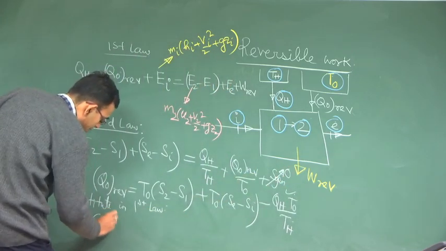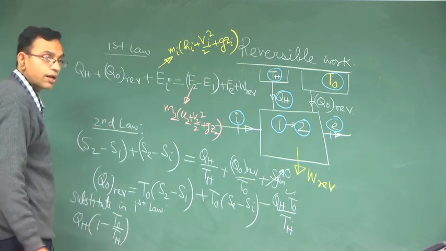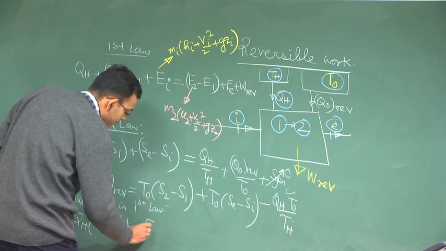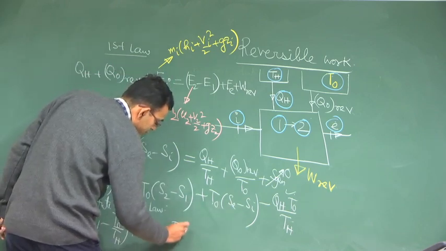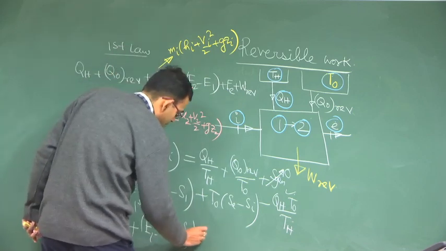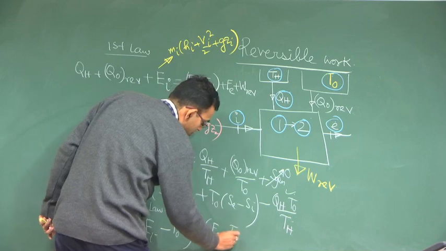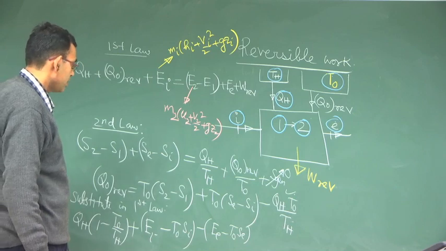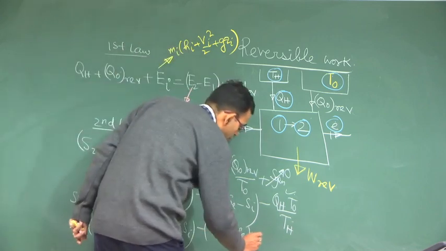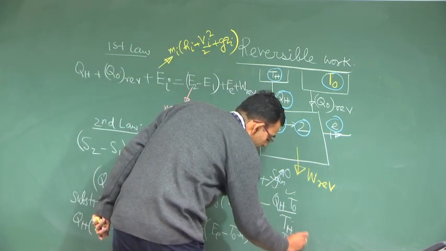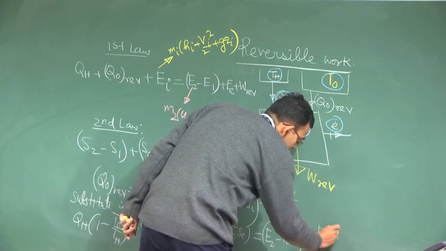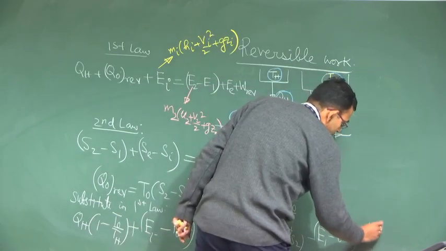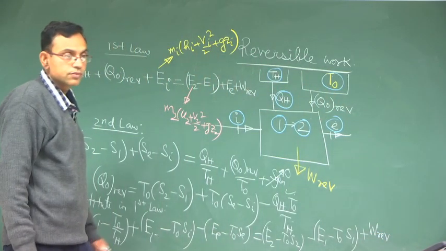So, you will have QH into 1 minus T0 by TH plus EI minus T0 SI minus EE minus T0 SE is equal to E2 minus T0 S2 minus E1 minus T0 S1 plus W reversible, right.